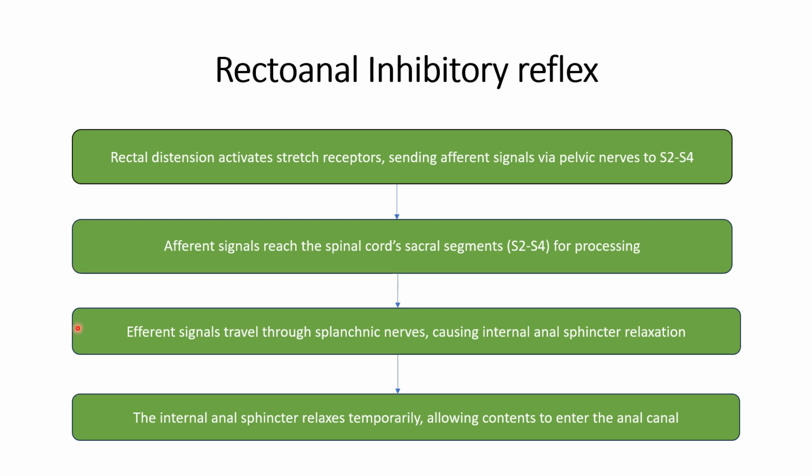The processed signals are sent back through efferent fibers of the splanchnic nerves, instructing the internal anal sphincter to relax temporarily. As the internal anal sphincter relaxes, rectal contents are allowed to move closer to the anal canal, facilitating the potential for defecation if desired.